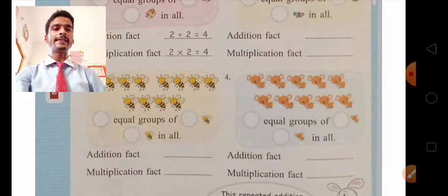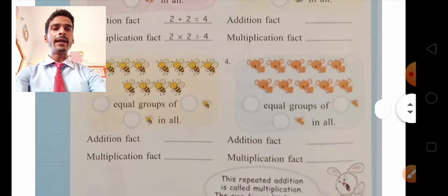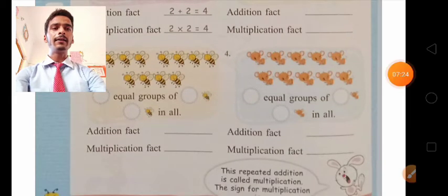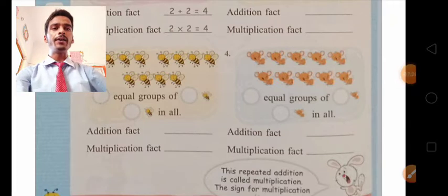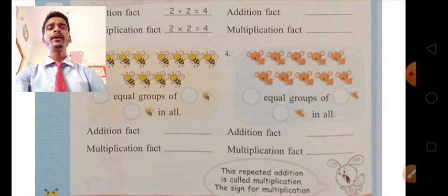In fourth, you can see here that many rats are here, and there are 2 groups of rats. Okay, how many groups are there? There are 2 equal groups, because equal groups means that there are the same number of rats in each group.